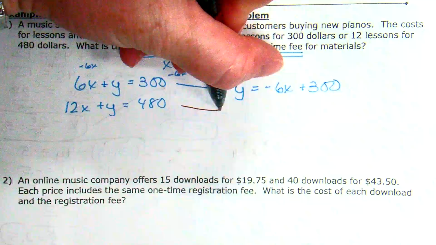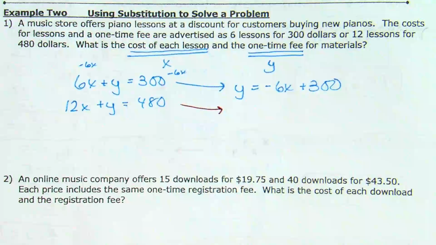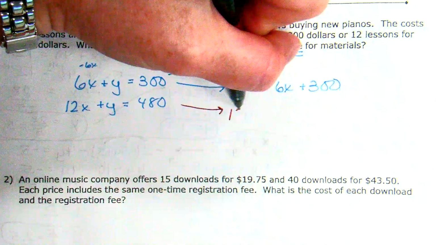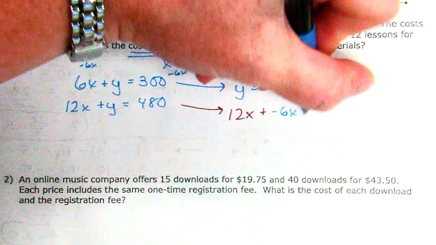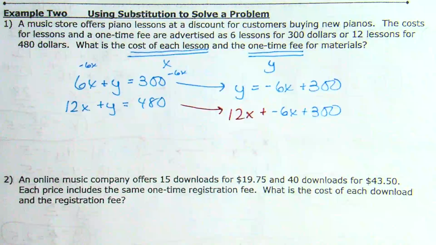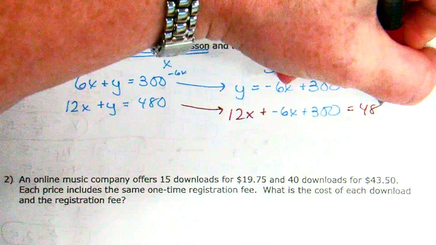And then every place we see a y, replace it. So 12x plus y, which is negative 6x plus 300, equals 480.